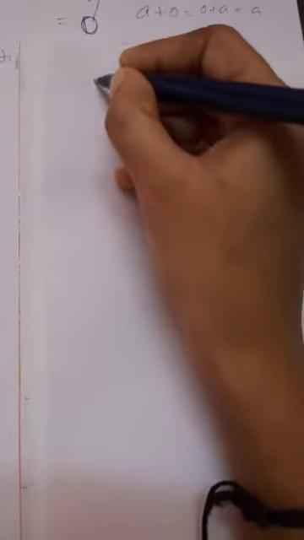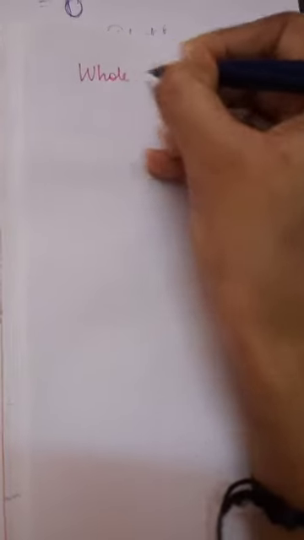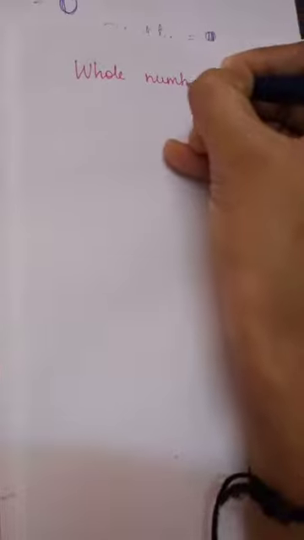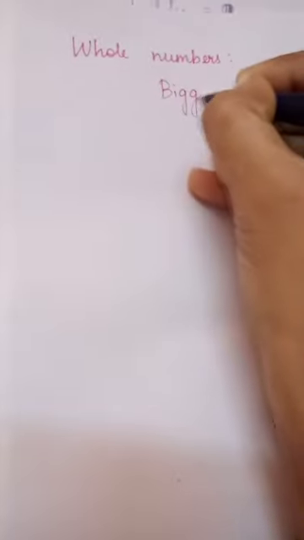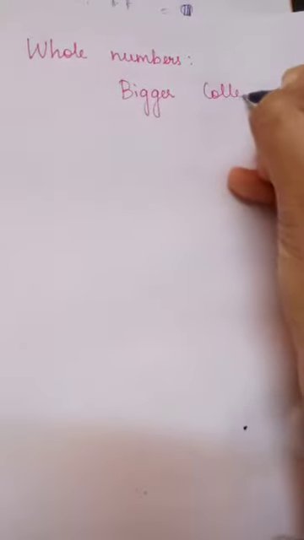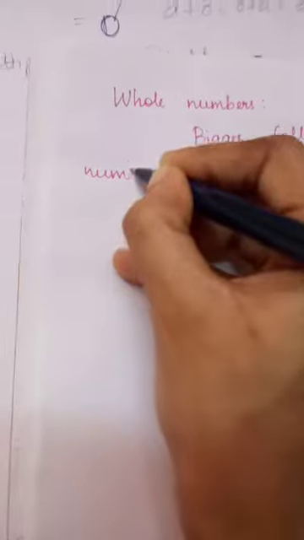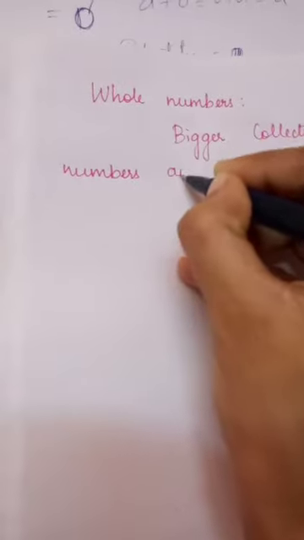Before going to the properties, we should know what is meant by whole numbers. Whole numbers are a bigger collection of natural numbers and zero.